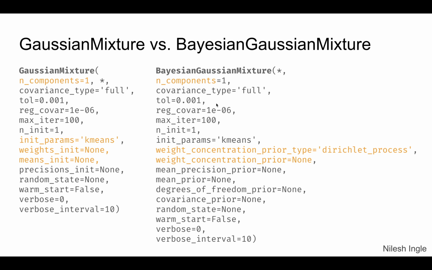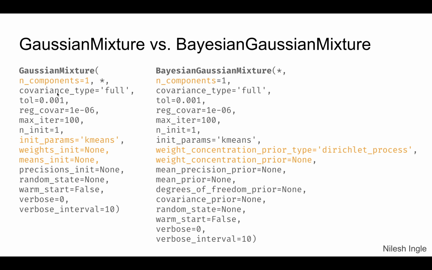So in Bayesian Gaussian mixture, the points to note are that we can specify the weight concentration prior type, which is the Dirichlet process by default, and we can specify the values for the weight concentration, which is none by default, and we can set the value for tolerance. So in the stick breaking process, this would be used.